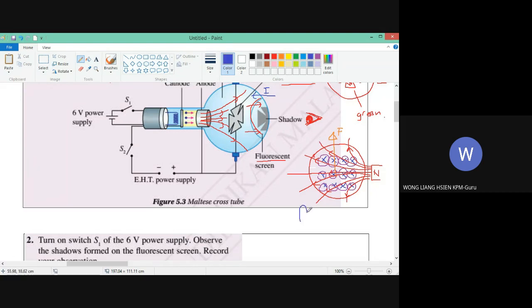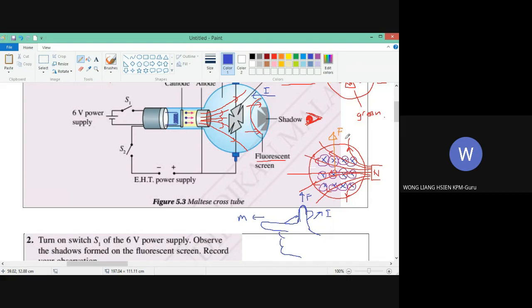This is your thumb, this is your first finger, and then your middle finger is like this. This is the direction of the catapult force, this is the direction of the magnetic field, and this is the direction of the current. So you see the current going in, this is the direction of the magnetic field, and the force is upwards. So the catapult force is upwards.